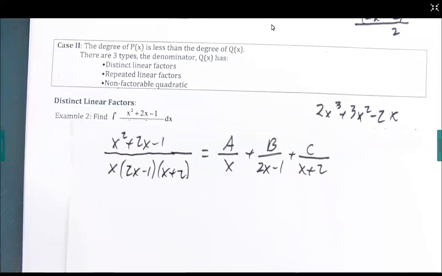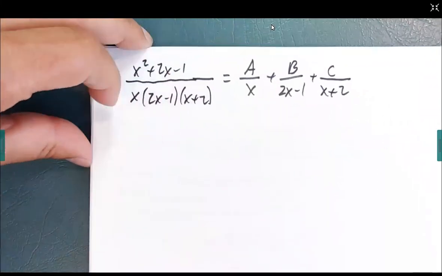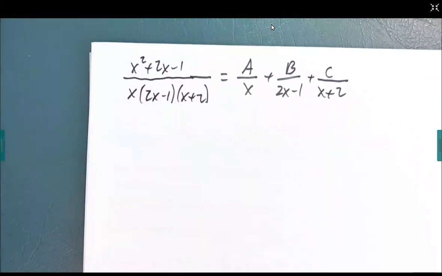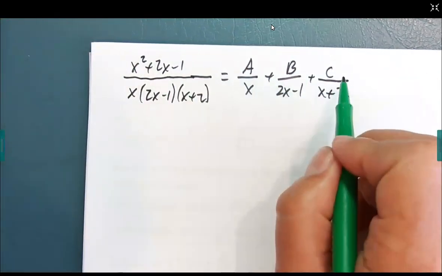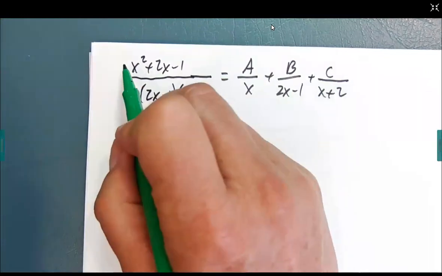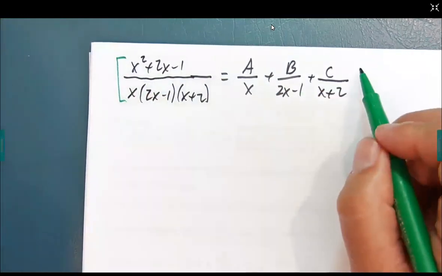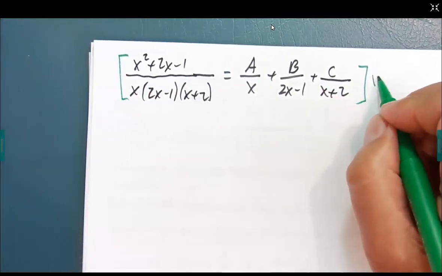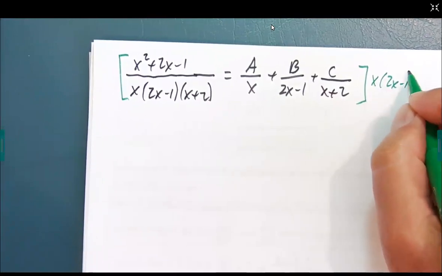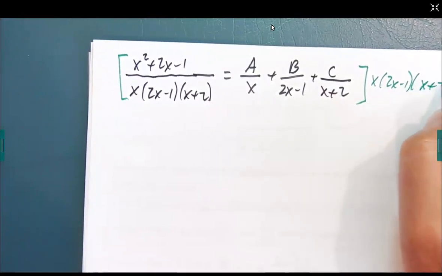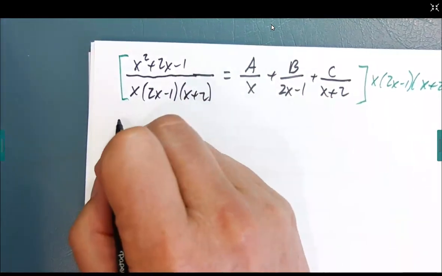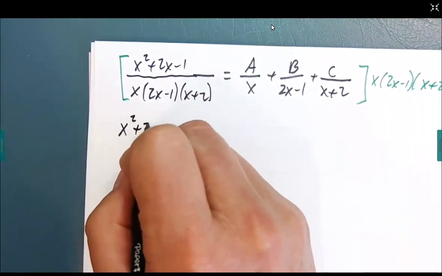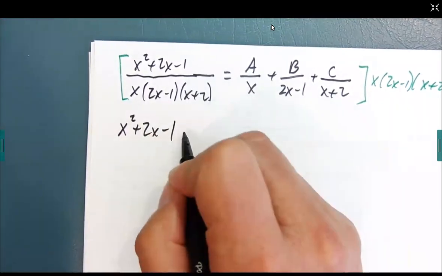So I'll come back to the integral here in a second, but I want to work on this algebra just a little bit. And what we want to find out is what A, B, and C are, because then we can do a nice easy integration with that. I'm going to actually multiply this through by the LCD. And we're going to get x squared plus 2x minus 1.